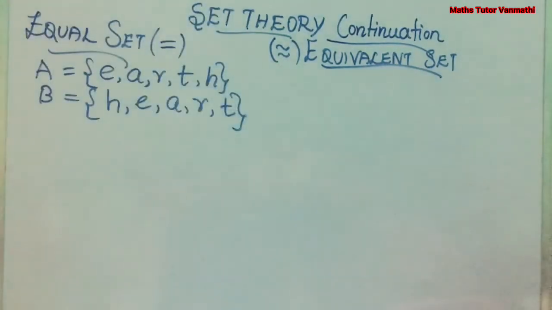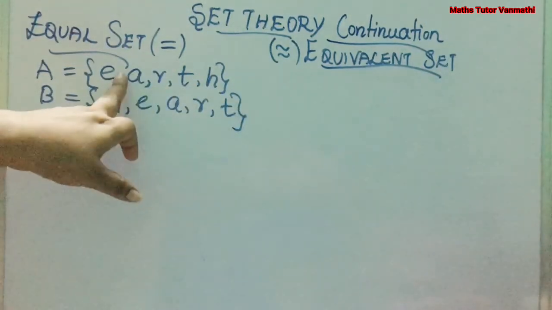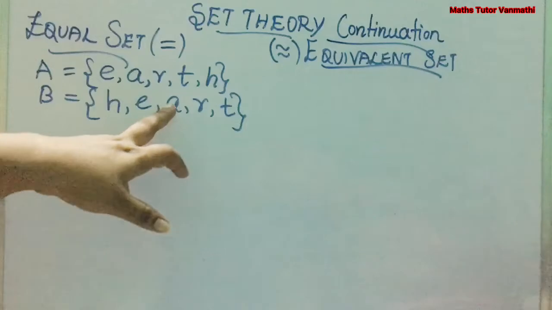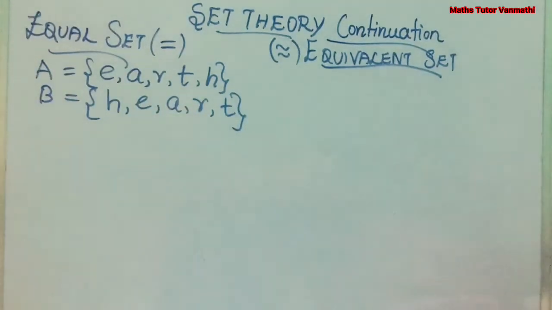Clear? Now you see here, both A and B have the same number of elements: 1, 2, 3, 4, 5. Here also 1, 2, 3, 4, 5. The number of elements is equal and the letters are also equal.